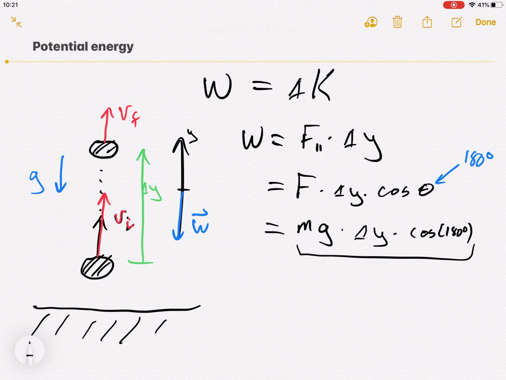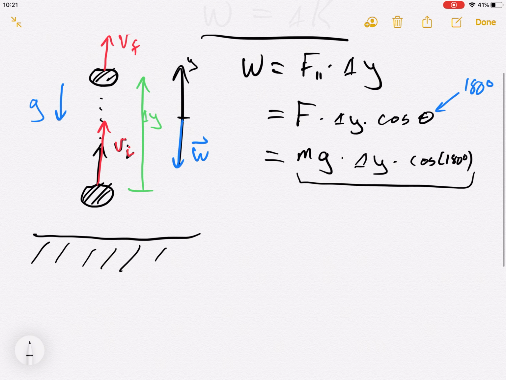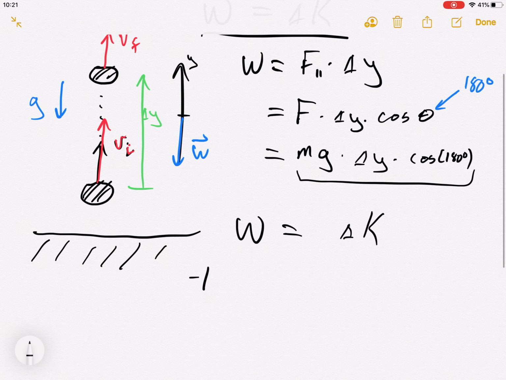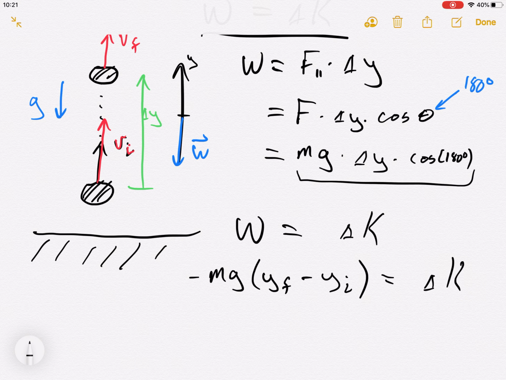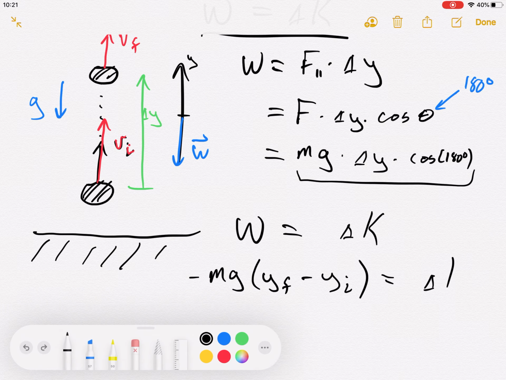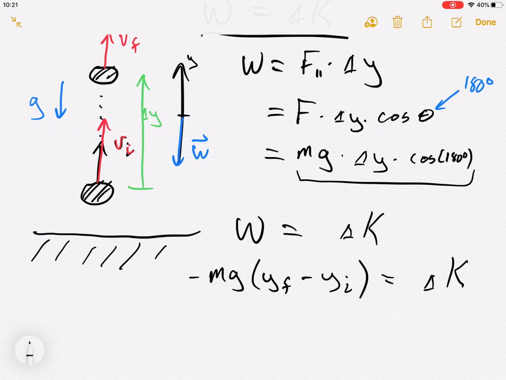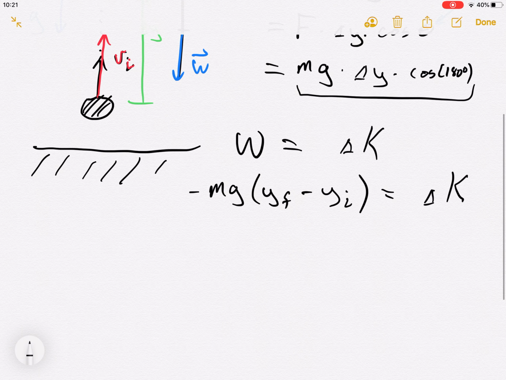So let's plug this in. This is the left-hand side of this equation. So the work kinetic energy theorem says work equals delta K. The work in this case is minus 1, I don't need the 1, I'll just say minus mg delta y, which I could write as y final minus y initial, equals delta K. And I want to suggest this: we'll just leave it this way for now.